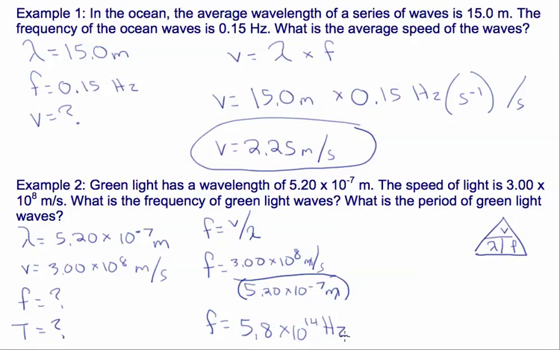And now you're asked to solve for period. Remember that frequency and period are inverses of each other. So period is equal to 1 over the frequency. So instead of per second, we now have seconds.